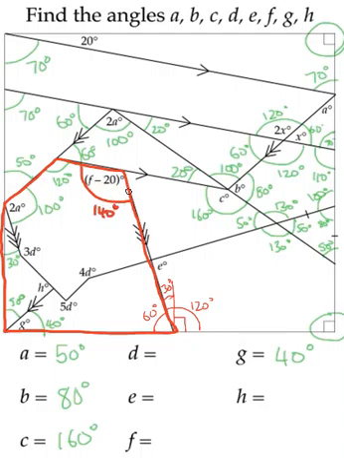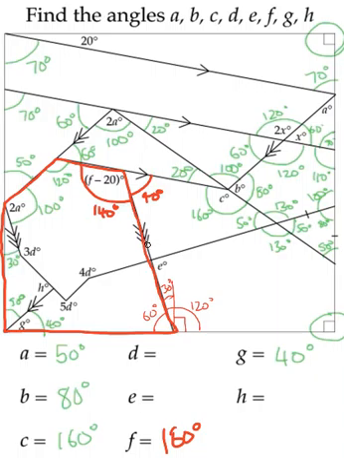So what would that make F? Well, you just have to add 20 to both of these to find F as 160 degrees. So, okay, that's 140. What does that make this? 40 degrees, because these two add up to 180.